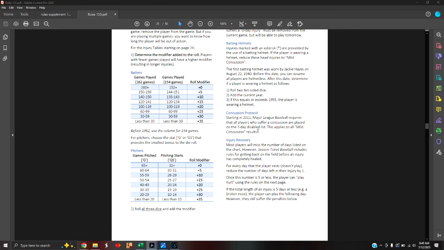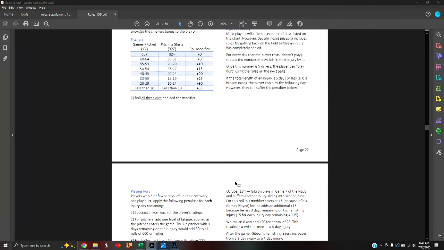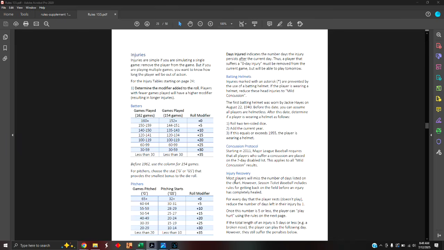So if you're playing prior to 2011, but after 1940, and they're wearing a batting helmet, then the batting helmet is removing their injury altogether, I guess. I don't really remember it saying that there's any modification to injuries other than those two rules.